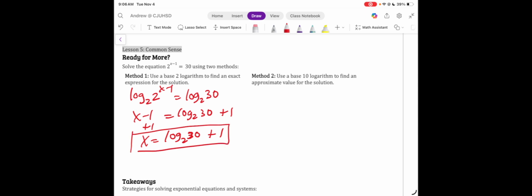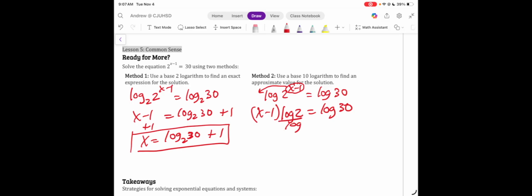Okay, method 2 will give you an approximate value. So if you do the log base 10 of 2 to the x minus 1, then that will be equal to log of 30. Then I can take this and bring it out to the front. X minus 1 times the log of 2 is the log of 30.